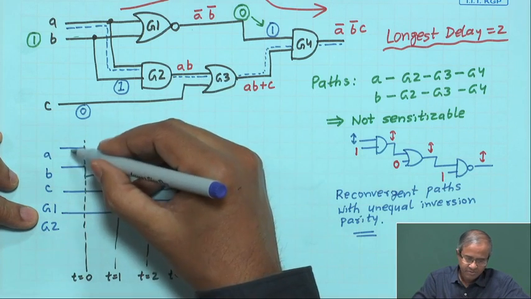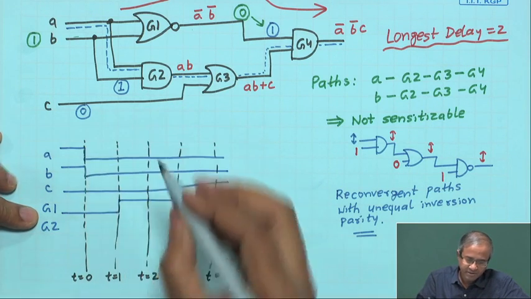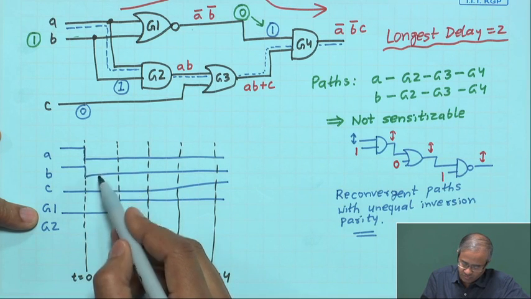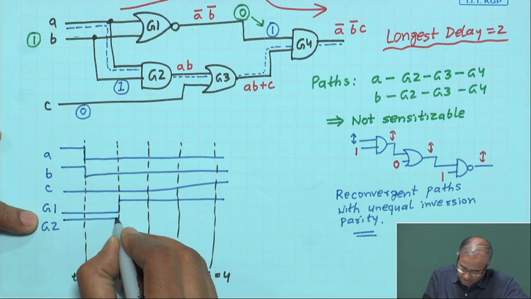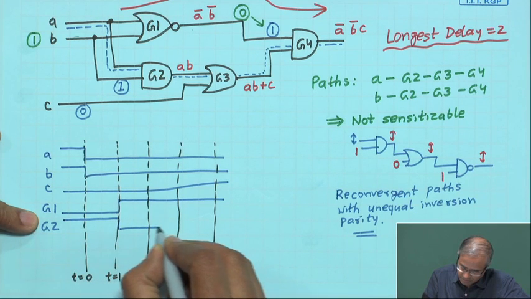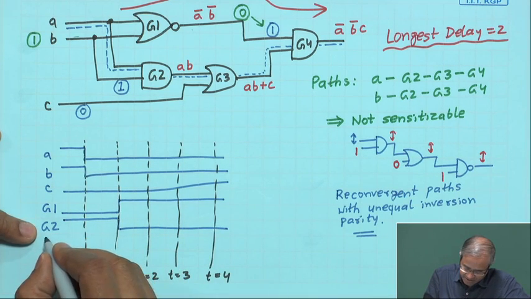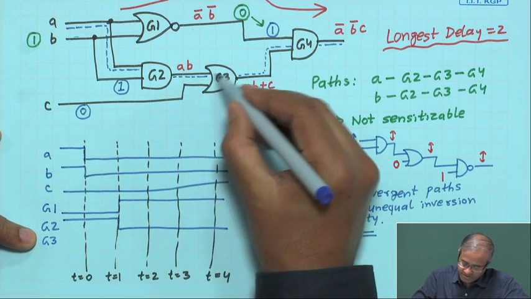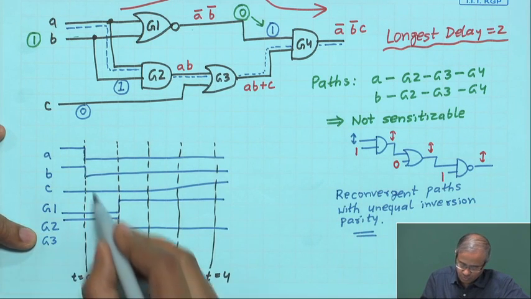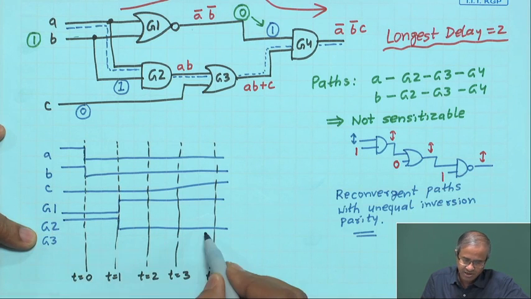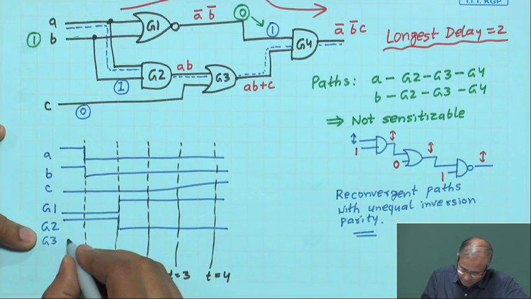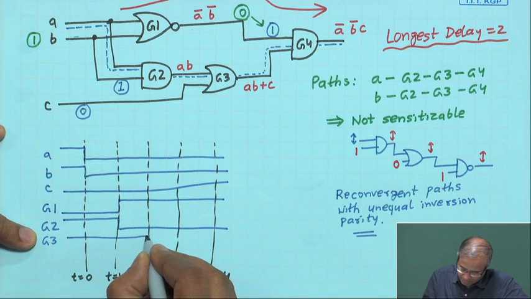G2 is AND, both of them will be 1 and once they are 0 they will become 0. So, again with a delay of 1, G2 will remain 1, it will become 0 here. G3, G3 is the OR of G2 and C. C is always 0, so it will be G2 itself, but with a delay of 1. So, it will with a delay of 1, it will become like this.